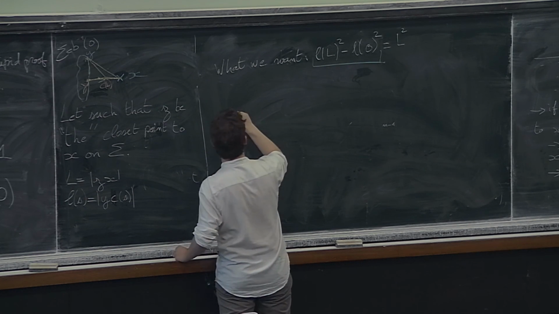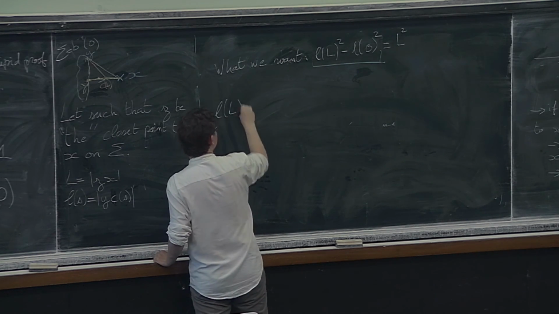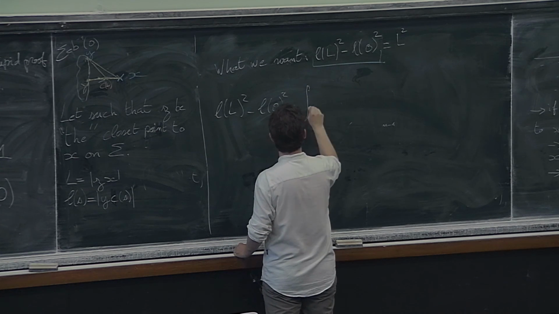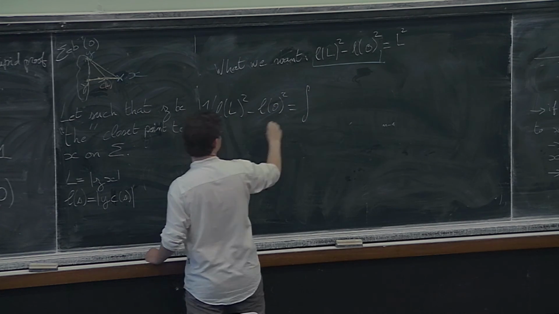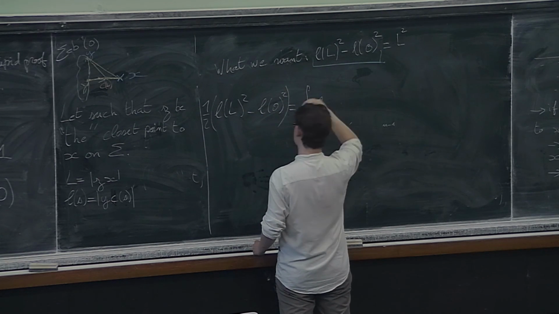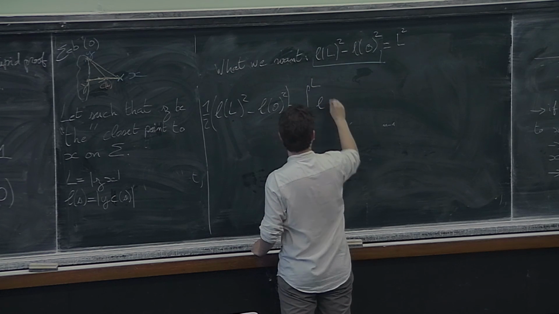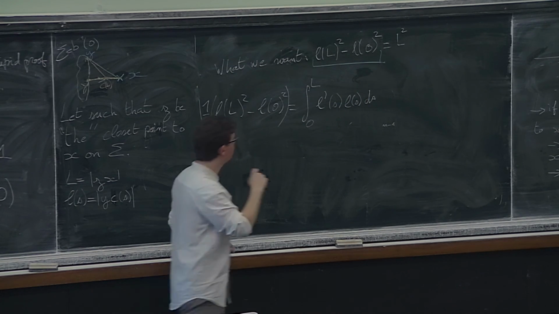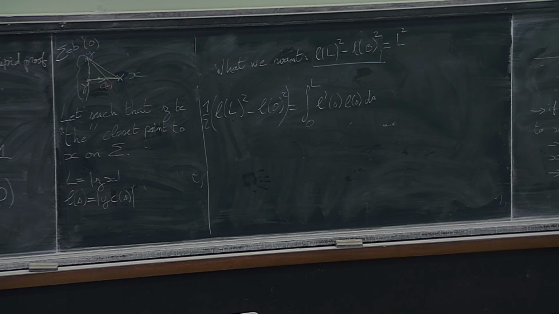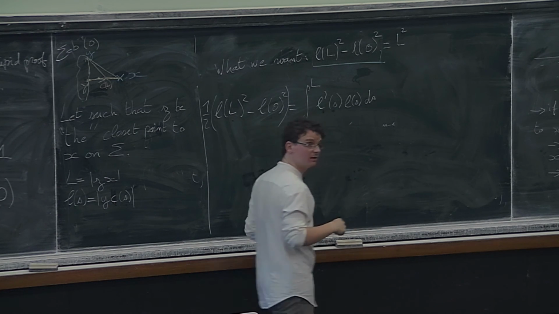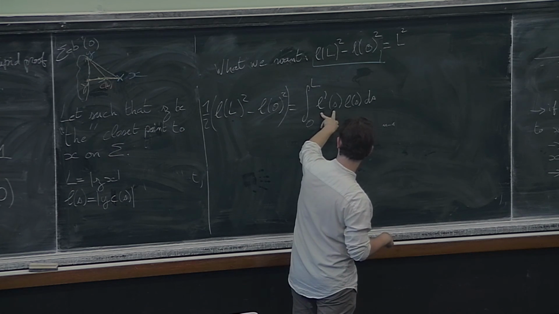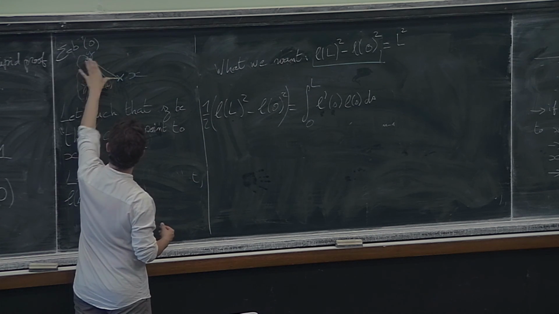So what is that? l of L squared minus l of 0 squared is equal to twice, so maybe let's put a 1/2 here, the integral of its derivative from 0 to L. So this is something we haven't done, but when you study geodesics, you look at what's going on with that kind of function on a Riemannian manifold. So what should that be?